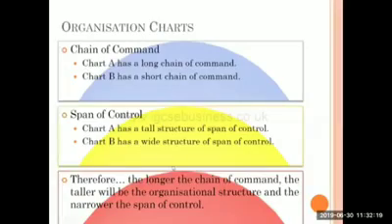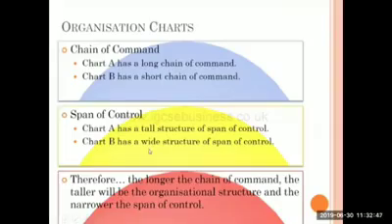Organization charts. Chain of command. Chart A has a long chain of command. Chart B has a short chain of command. The charts I have shown you, now I am giving the description of it. Span of control. Chart A has a tall structure of span of control. Chart B has a wide structure of span of control.